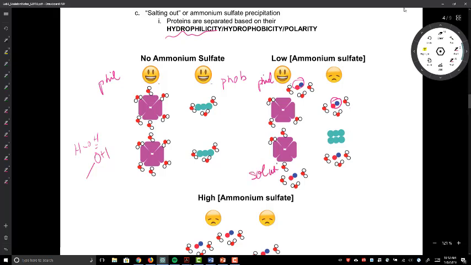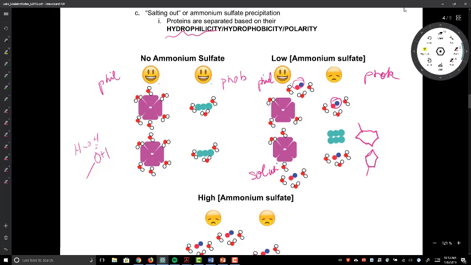However, Phoebe over here didn't have a lot of hydrophilic groups to begin with, and so when you add just a little bit of ammonium sulfate, the ammonium sulfate is going to scavenge all the water molecules from the surface of Phoebe. And so when all the water molecules are taken away, it's easier for the protein to fold upon itself and to have those hydrophobic groups, that's a really pathetic phenyl group there, sorry guys.